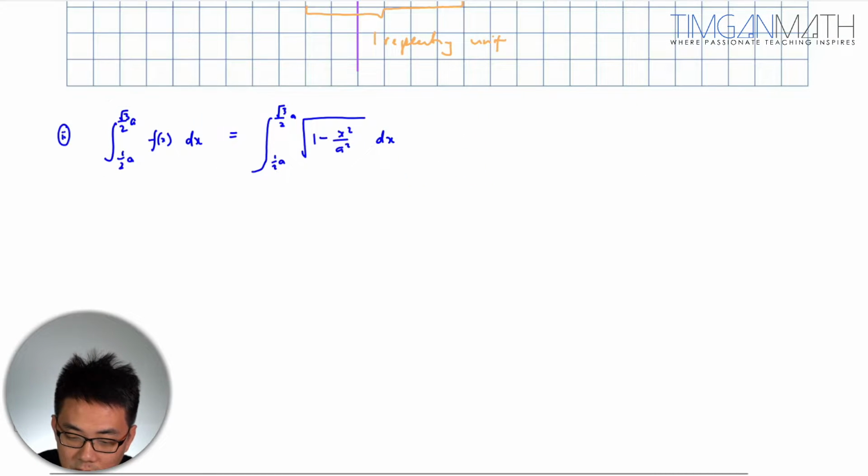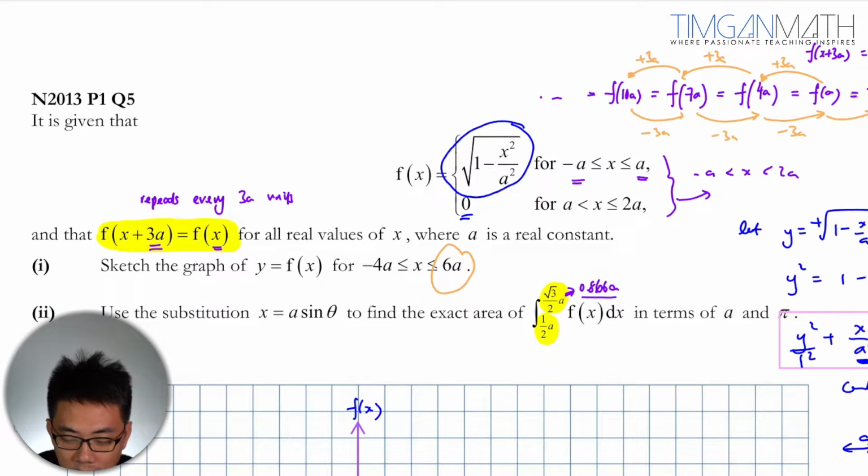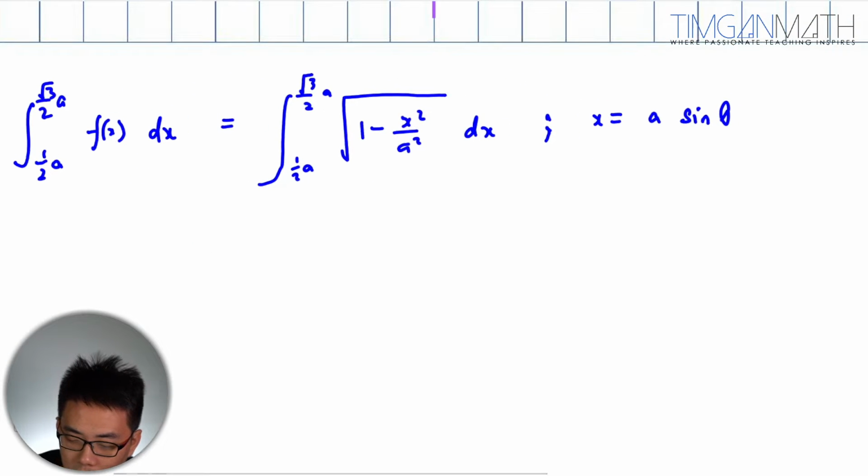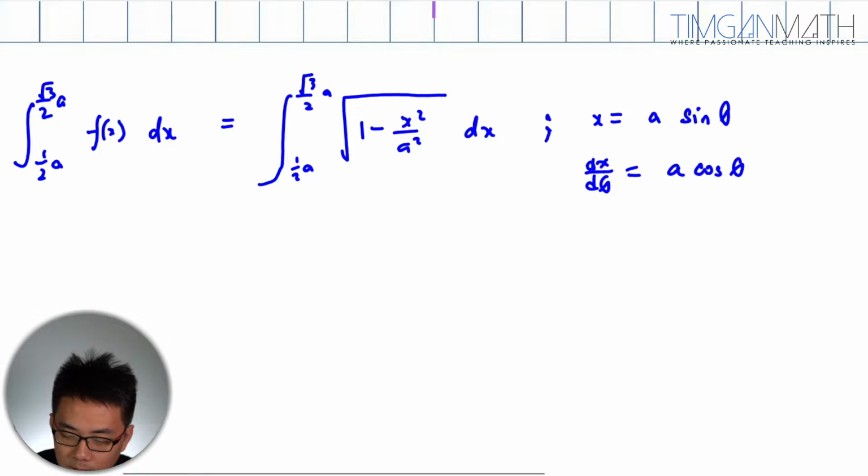You're given a substitution. x equals a sine theta. Okay, x equals a sine theta. So dx d theta will just be a cosine theta.